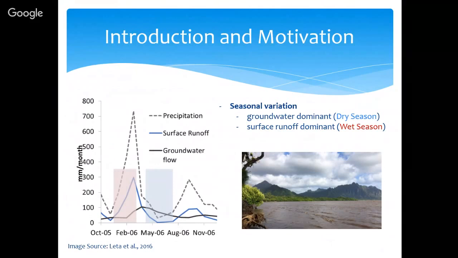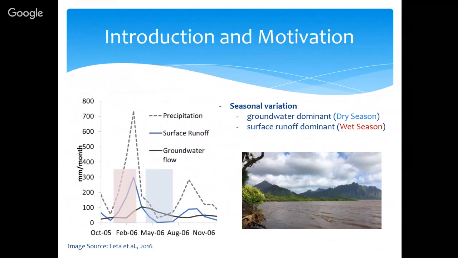So we have a graph here, and on the x-axis we have months and years, and on the y-axis we have millimeters per month volume water. And you can see with precipitation in the dashed gray line, surface runoff in the blue line, and then groundwater flow with the black line, that during the wet season, precipitation is much higher, and this is outlined in the red box.